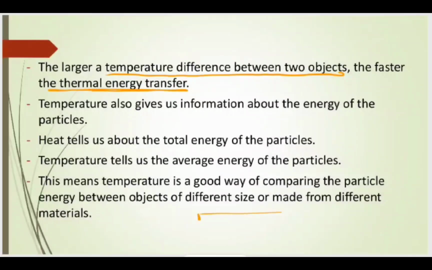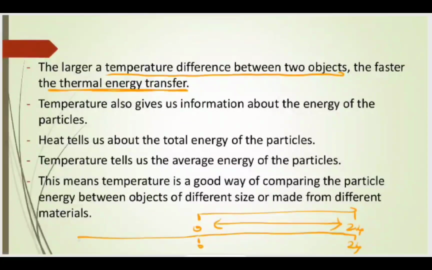Had it been 0 degrees and 24 degrees, thermal energy wouldn't transfer as fast as from minus 20 to 24. So the more the difference, the faster the thermal energy transfer. I hope you understood what I'm trying to say.